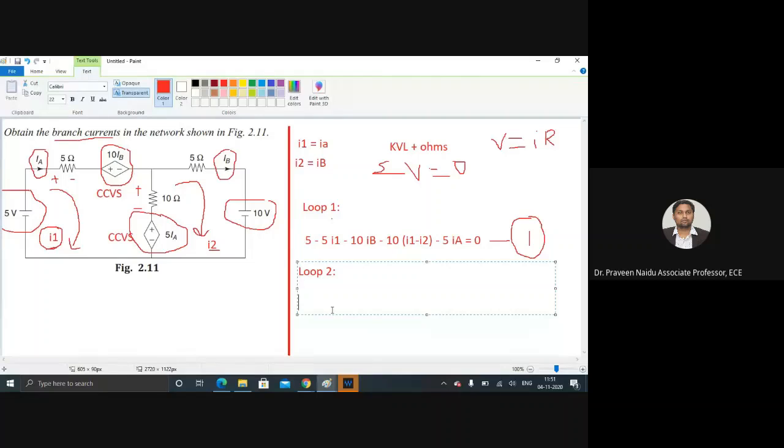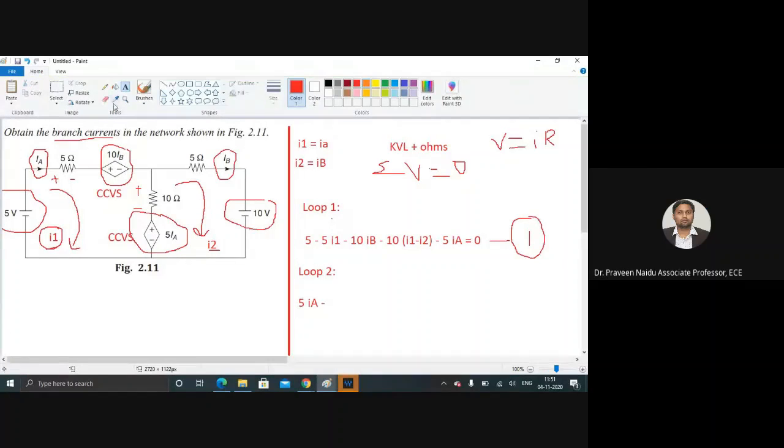So here we are going to consider plus 5 into IA as a voltage source given, and then minus, or plus, 10 into (I2 minus I1). Please tell me, anyone? Minus 10. Why? Very good. The reason is, while writing the second loop, we have to assume plus minus for each branch in clockwise direction with respect to the second loop.